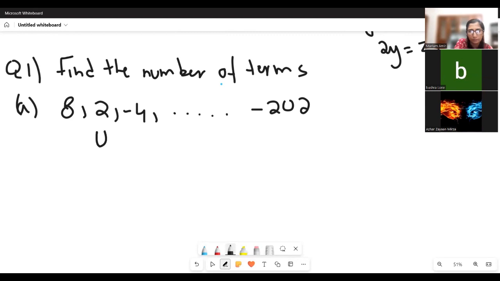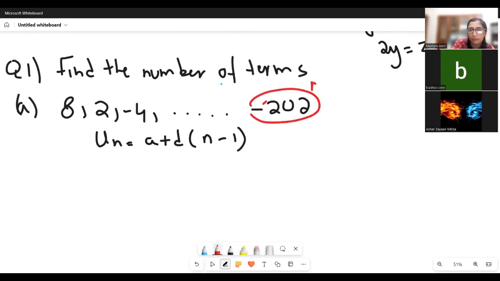Which is what? Yes, the nth term is a plus d bracket n minus 1. So substitute the values, please. We need the n of this one: -202 equals... no, a is not -6.